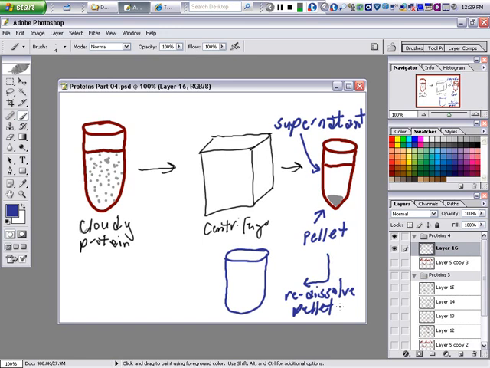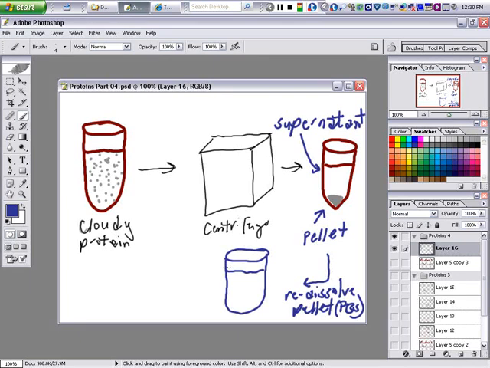The buffer would have a weak acid. But what buffer have we made that has a weak acid in it? What do we call that buffer? PBS buffer. Exactly, and so dissolving it in a PBS buffer would be great. Then your protein is going to be in solution, redissolved now.